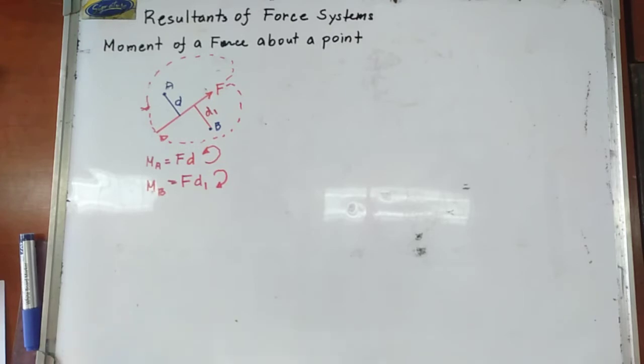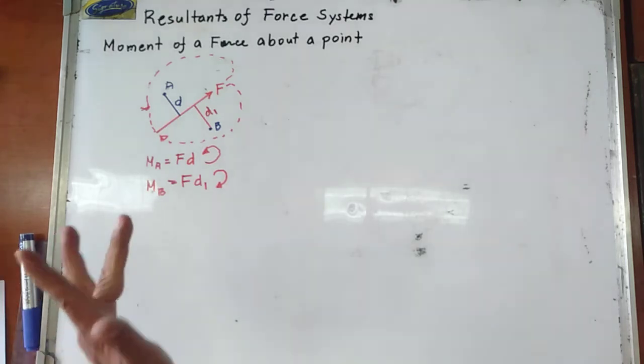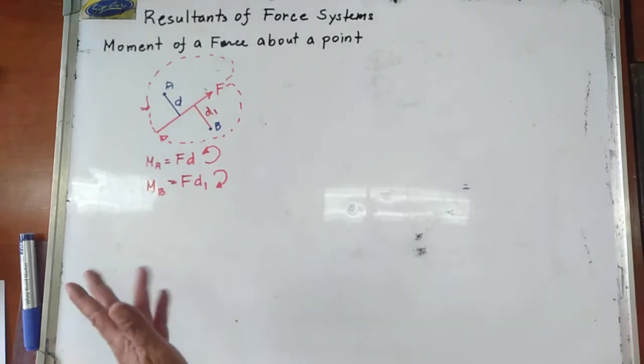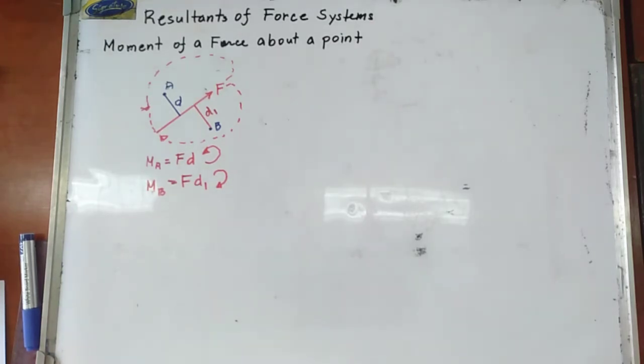So if you assume clockwise moment as positive, then automatically counterclockwise moments are negative. And if you assume counterclockwise moment is positive, then clockwise moments in there are negative.